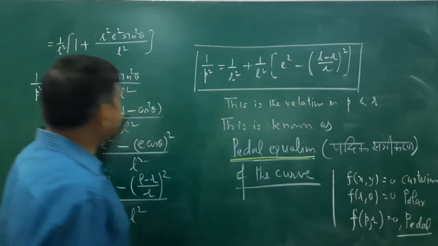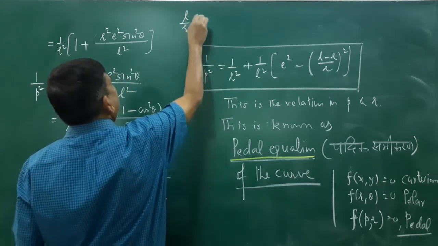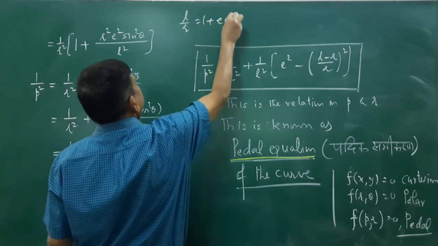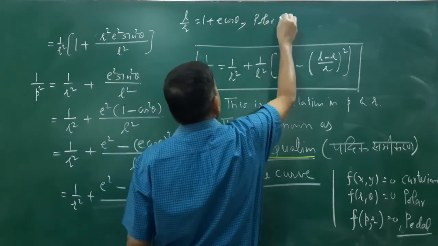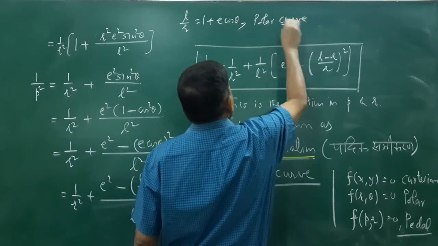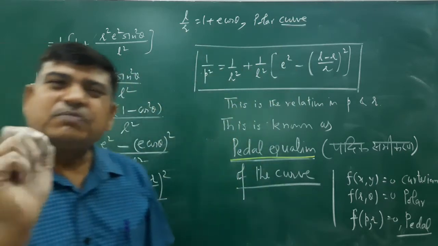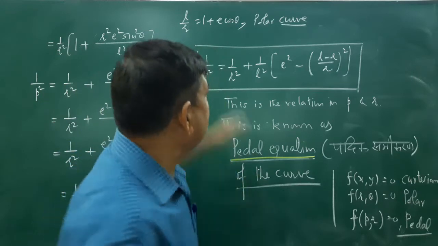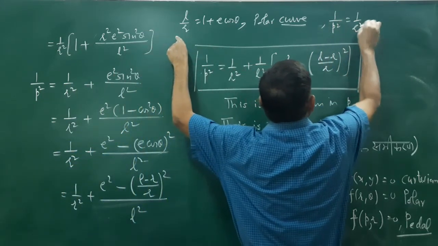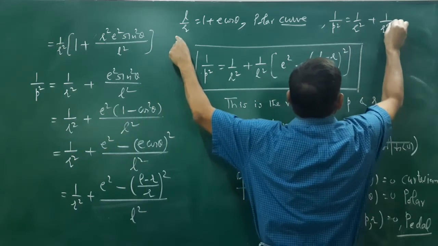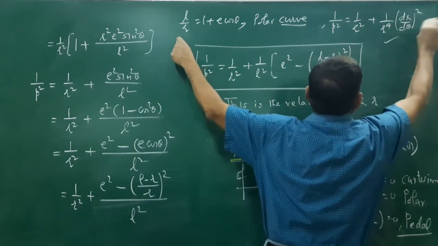This is the example. You remember the equation of the curve was L upon R equals 1 plus e cos theta. This is a polar curve, in terms of L and R, and we use this formula: 1 upon P square equals 1 upon R square plus 1 upon R to the power 4 into dr by d theta whole square.